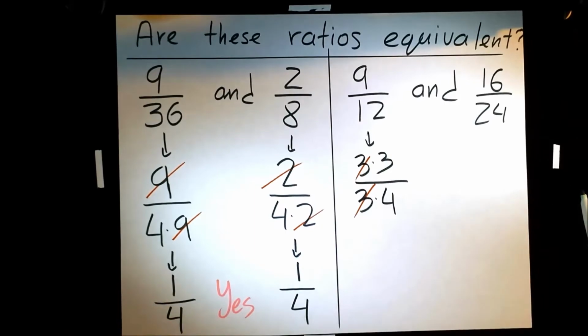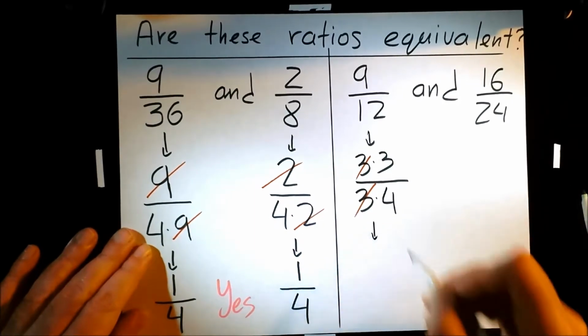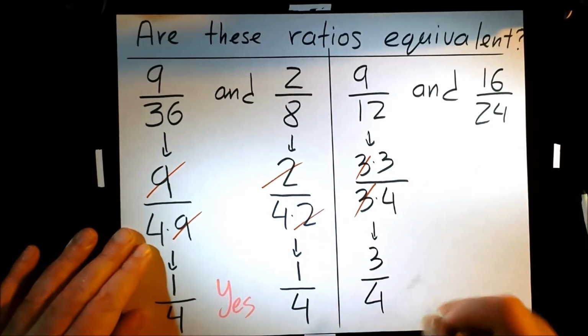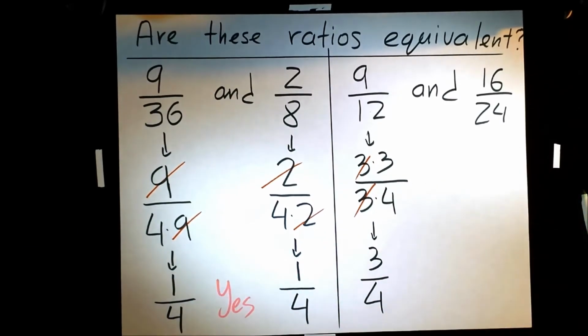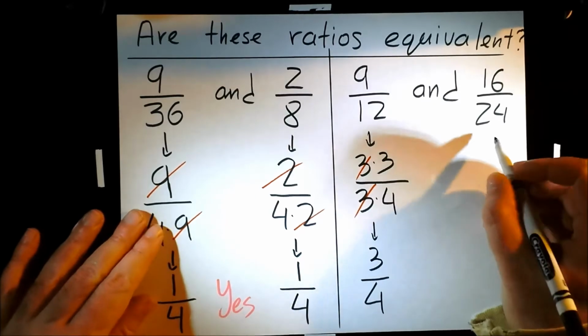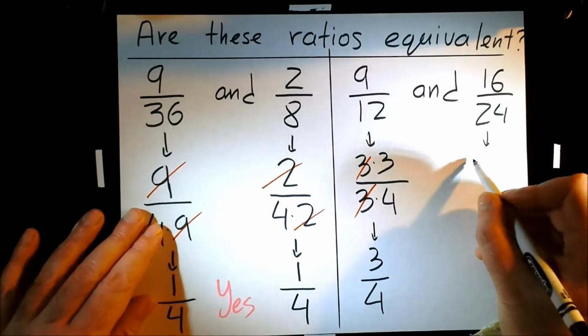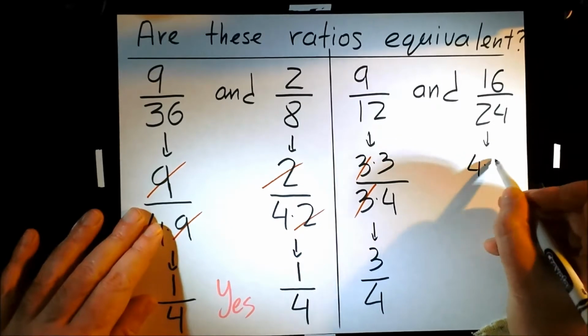The 3's. What am I left with? 3 over 4. All right, let's take a look at the 16. What can I break 16 down into? 4 times 4. Sure.